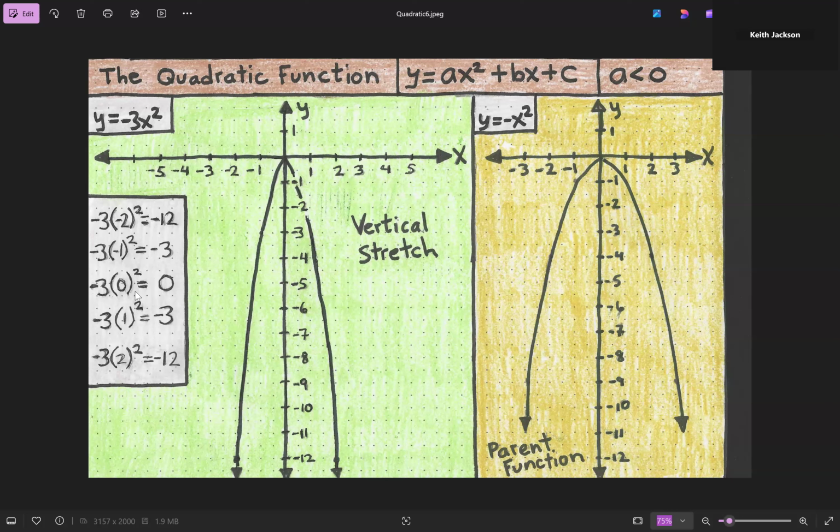And so let's go up here to -1. So we have -1 squared, which will give us a +1. Now we're going to multiply it by -3, which will give us -3. So we go here to -1. Notice that we have a point here at -3 as well. But guess what? Here's what's going to happen if we square 1. 1 squared is 1.